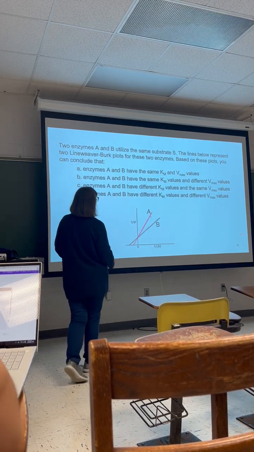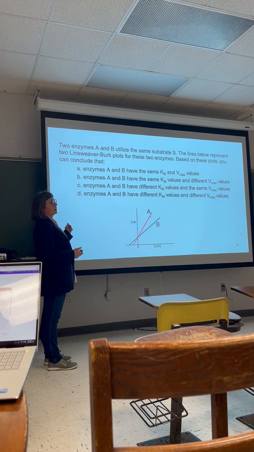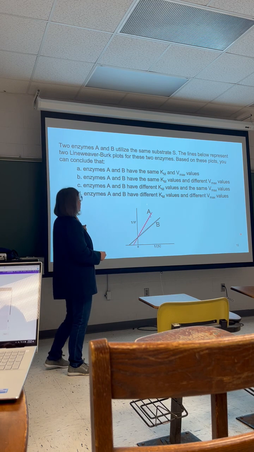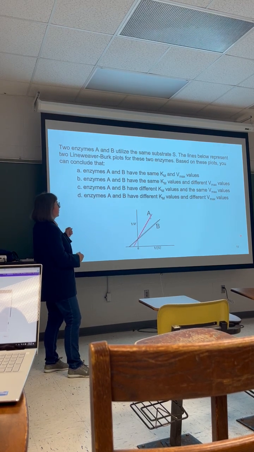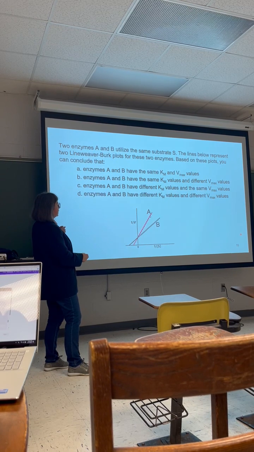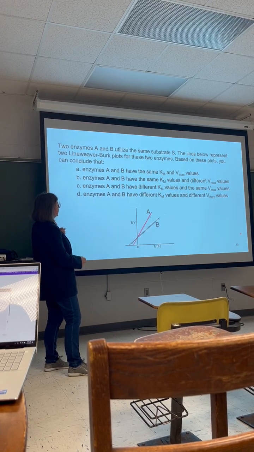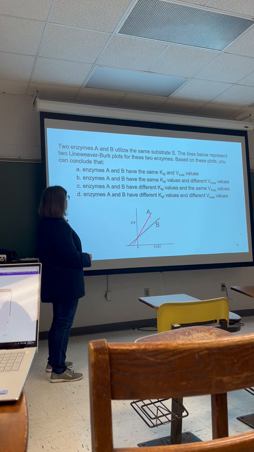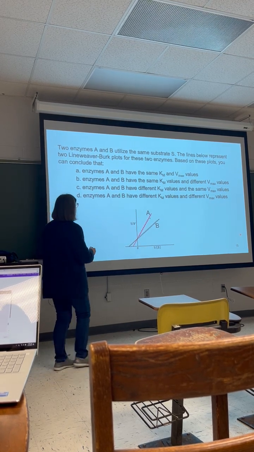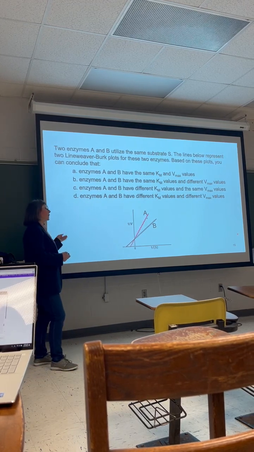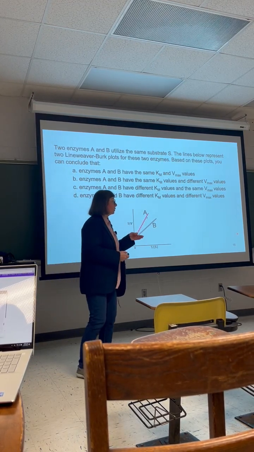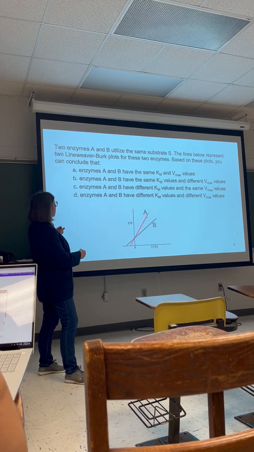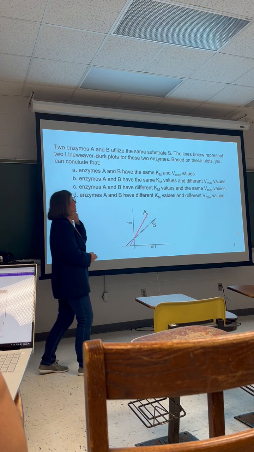Two enzymes, A and B, utilize the same substrate, like we had those three enzymes before, A, B, and C. But right now we are showing Lineweaver-Burk representations for A and for B. The lines below represent those plots, and based on these plots you can conclude, and this will be incredibly important on Friday when we talk about inhibitors, but this is an intro to inhibitors: Enzymes A and B have the same Km and the same Vmax.